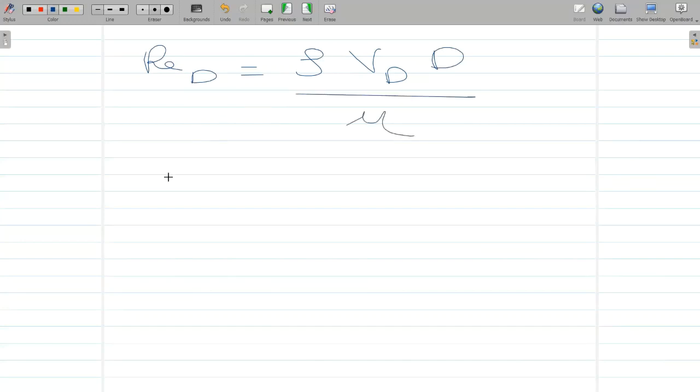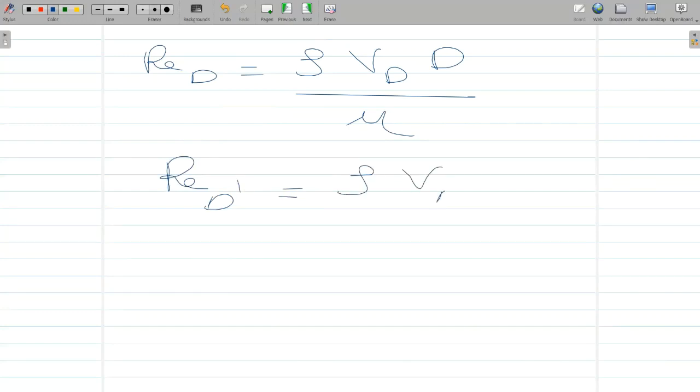So Reynolds number for the pipe with diameter D, which I call Re_D, is nothing but density of the fluid, velocity of the fluid in the pipe with diameter D, diameter of the pipe, divided by viscosity. And so density and viscosity are going to be constant for both the pipes, right? Because it's the same fluid, water, that is flowing.